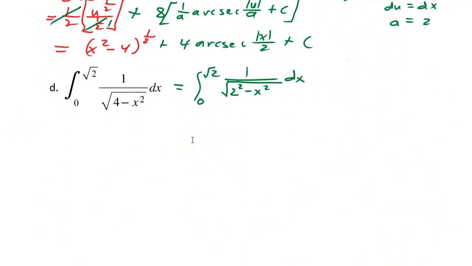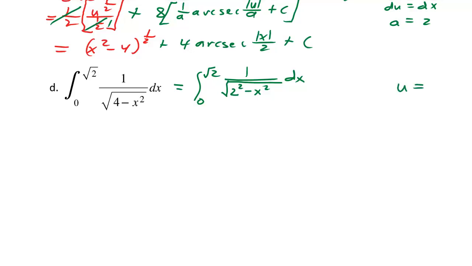Okay, now this one's a definite integral. So this is going to be arcsine. Oh wait, hang on a second. I didn't define everything. Let me do it again using the u notation, so we're staying consistent.